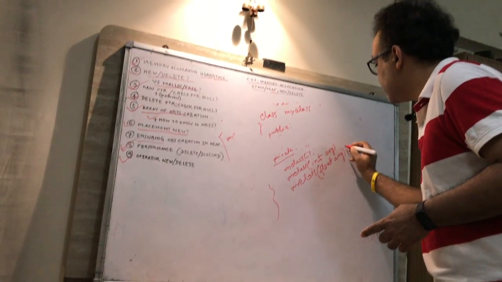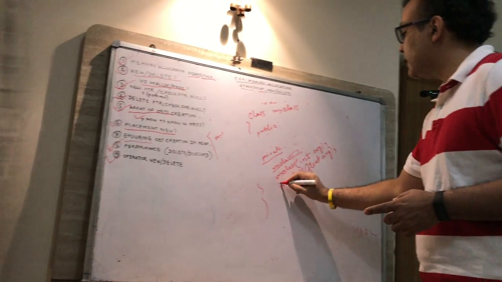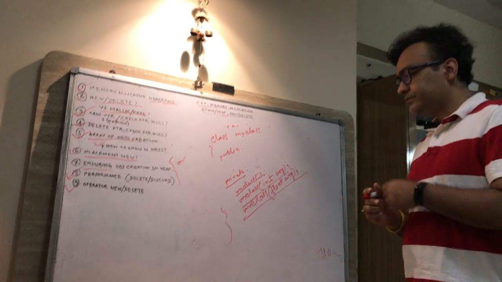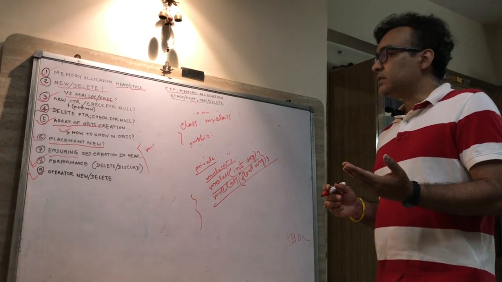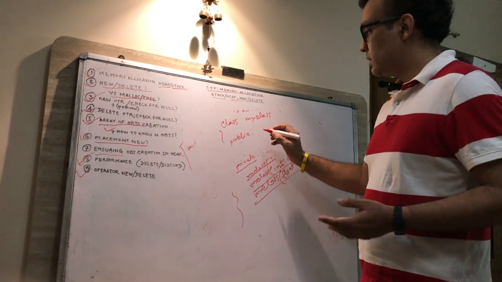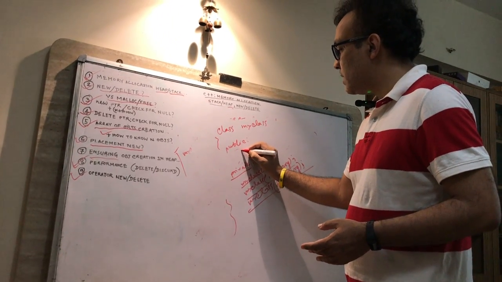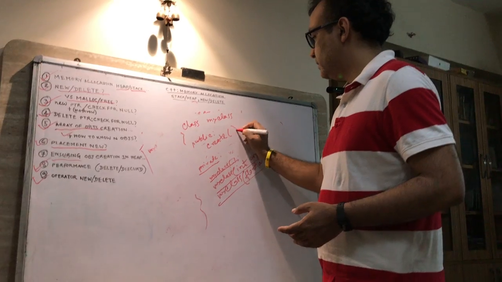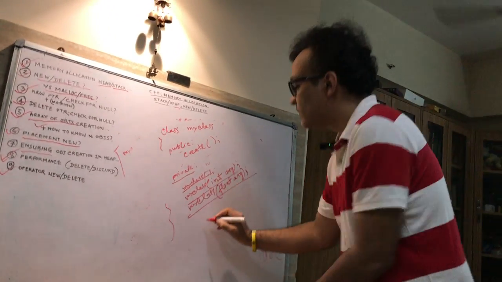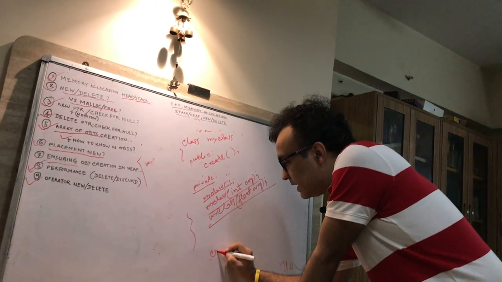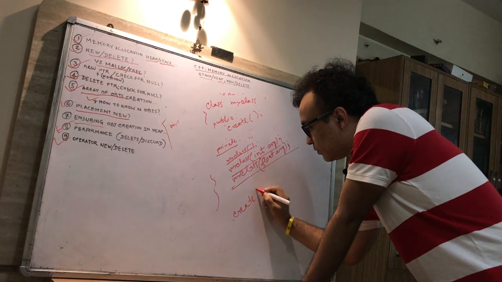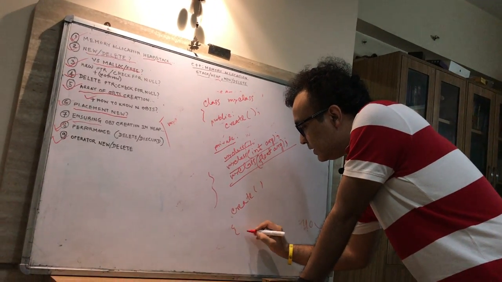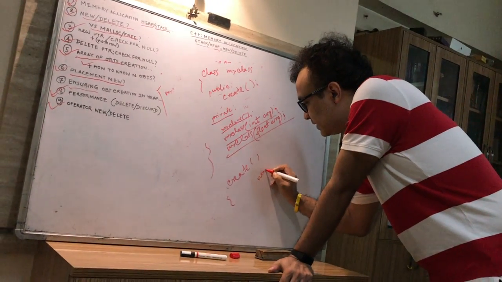You are protecting these constructors like this, so that the user cannot allocate from the stack. Instead, in the public area you write a create function, and the create function is defined like this. So call the create function and it will do a new operation inside it.